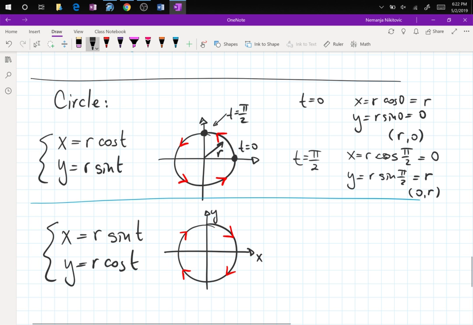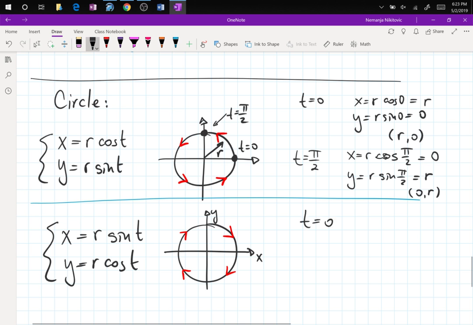So you see that you went from time t equals 0 to time t equals pi over 2, which is about 1.5 seconds later, or 1.5 hours later, I don't care. And you see that the first point was that one, the second point was that one, so you see that the motion is counterclockwise.